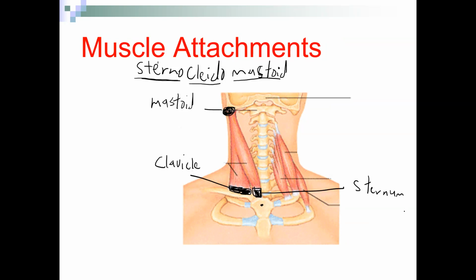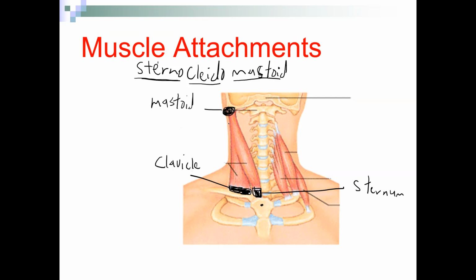Right? Now, based on the way these muscles are attached, you should be able to tell me which part of the body is going to move. Is the head going to move, or is the neck going to move? Well, actually, both head and neck can move.